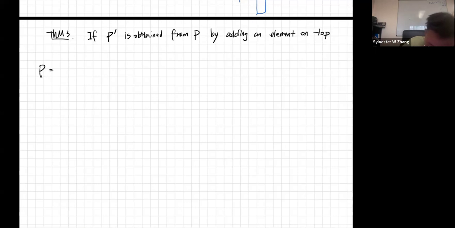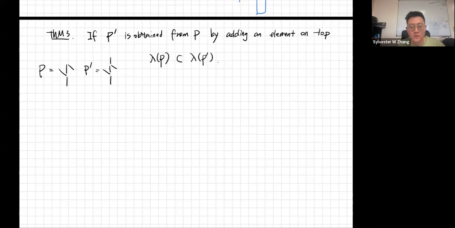For example, if P is this, then your P prime could be that. A similar statement holds true if you add it on the bottom, but we're only going to need one side. Then the Greene-Kleitman partition of P is going to be a subpartition of that of P prime, in the sense that the boxes of P are contained inside the boxes of the Greene-Kleitman partition of P prime.